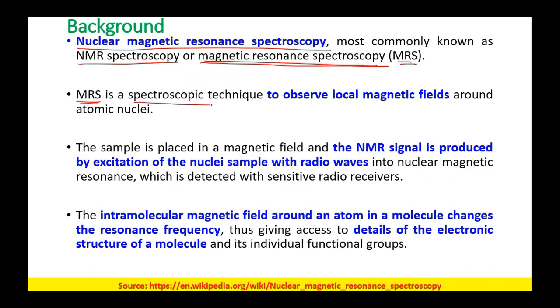It is basically a spectroscopic technique which helps us observe local magnetic fields around atomic nuclei. So using NMR spectroscopy, we are trying to understand the variation in the local magnetic fields within a particular molecule or compound.